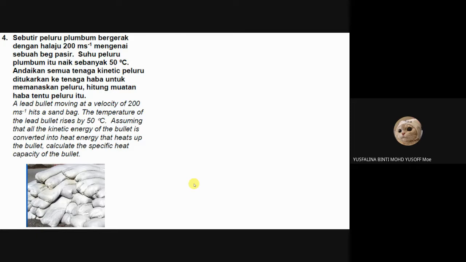Sharanya, what is the principle that we use here, when we said that all the kinetic energy is converted to heat energy? If you heard what I explained about PT is equals to mc theta, what is the principle that we're using here?